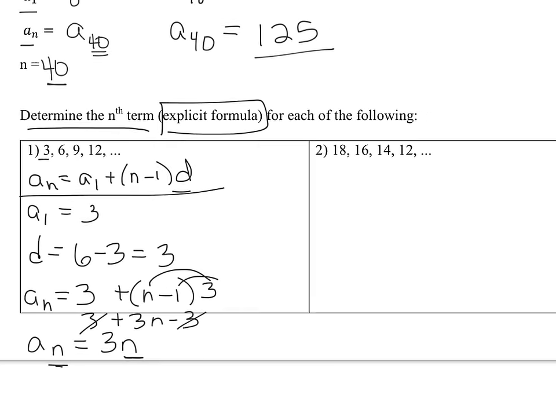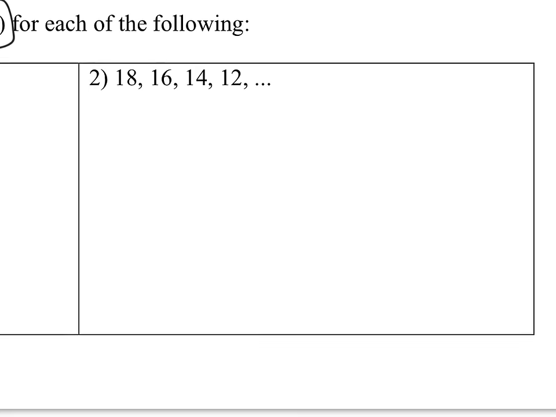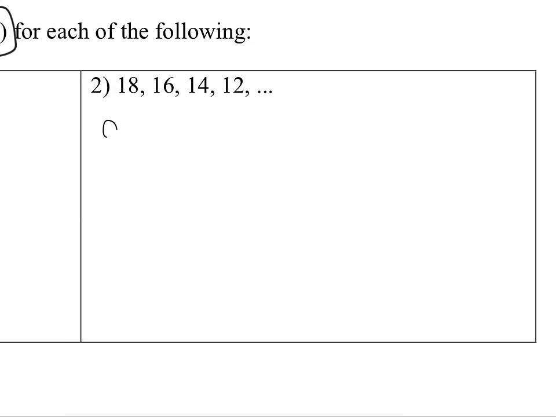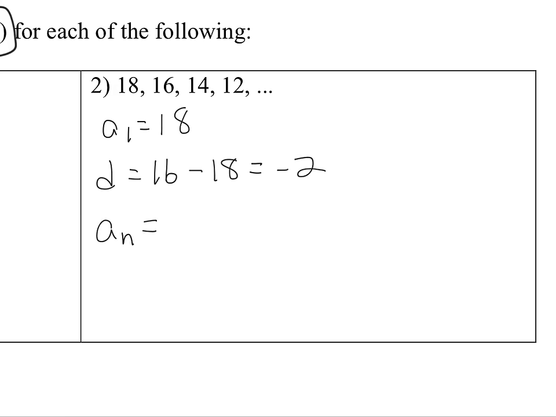So notice n is still in the equation. It's the same deal for this one. You find a sub 1, you find the common difference, 16 minus 18, so that's negative 2. And you plug them into the formula. a sub n equals 18 plus n minus 1 times the common difference.